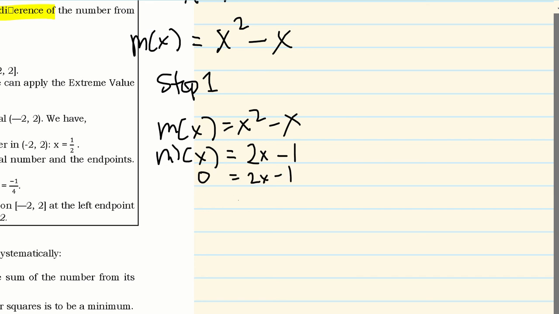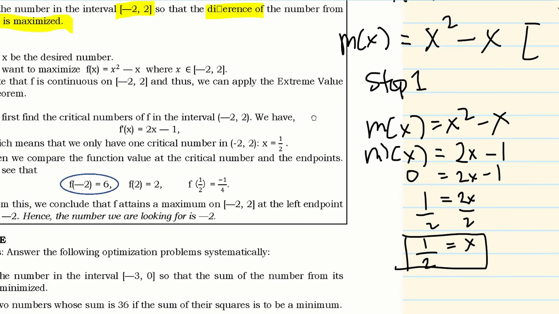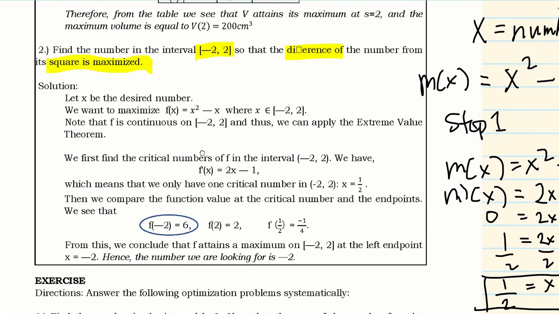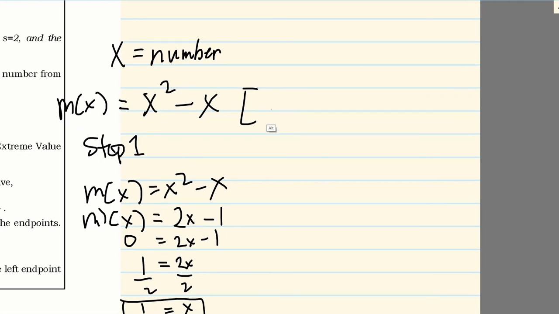And then we have here 2x equals to 1, and then divided by 2 over 2, and then we have here x equals to 1/2. Okay, and then what is the interval again? Here we have the interval of -2 to 2.